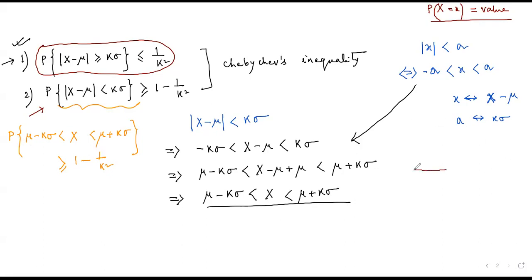Actually, if this is my origin 0 and this is my number 1, we know that the probability of any event will lie between 0 and 1. Now, Chebychev's inequality is giving you certain numbers greater than 0, lying here or here or here, and the probability of the event is either equal to that or greater than this. We do not know anything about the upper limit.